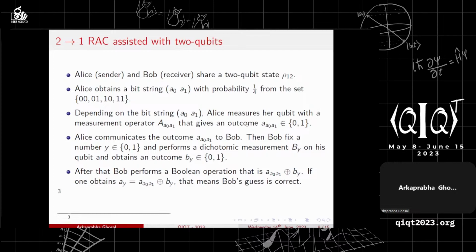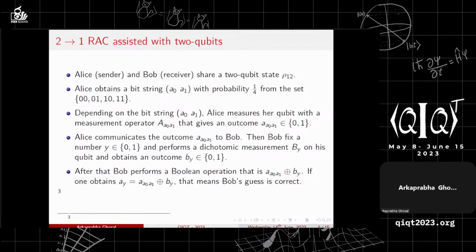Then Alice will communicate her outcome to Bob, and Bob will guess some bit y, 0 or 1, where 0 represents that Bob wants to guess the first bit of Alice, and 1 represents that Bob wants to guess the second bit of Alice. So depending on y, Bob will perform some measurement that will again give some outcome, either 0 or 1, since these are all dichotomic measurements.